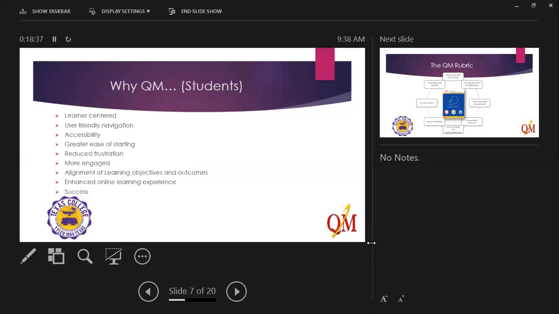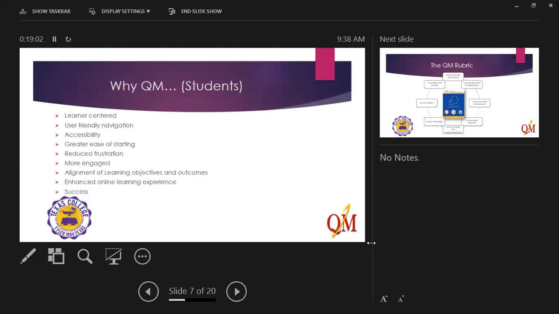Following the best practices and norms in online course design will ensure that there's a user-friendly navigation menu within your course. A student will not be searching on multiple places for a document. Another aspect is accessibility.